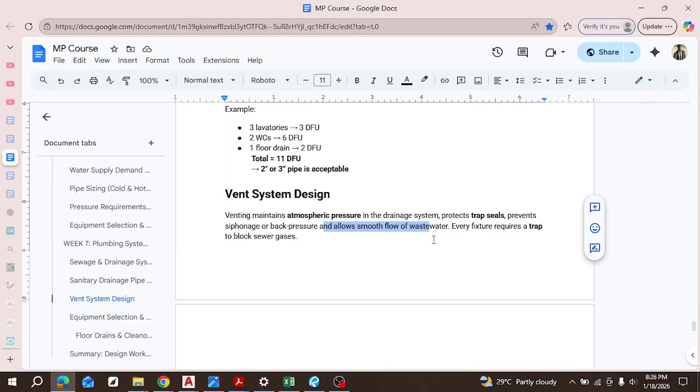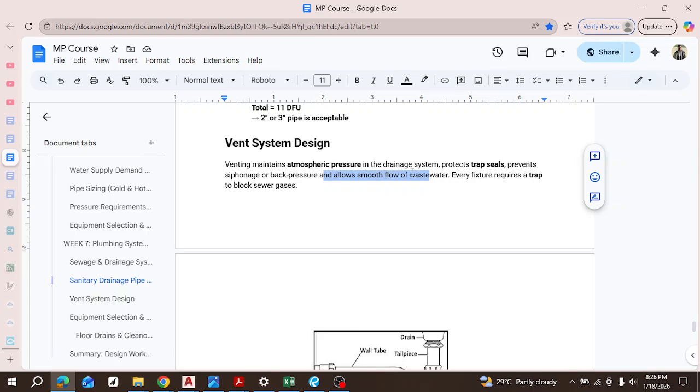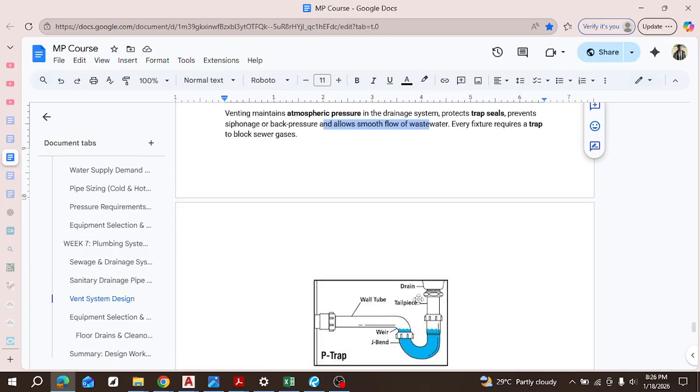But if you create a hole for air to enter while the water is flowing out, it becomes a more laminar flow, right? So that is what happens here. Every fixture requires a trap to block sewer gases. Now let's look at what this trap is. As the name implies, a trap traps air. So this is the fixture, a sink or a lavatory, and then this is the drainage. It's going into the drainage system.